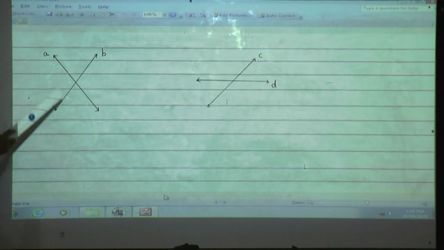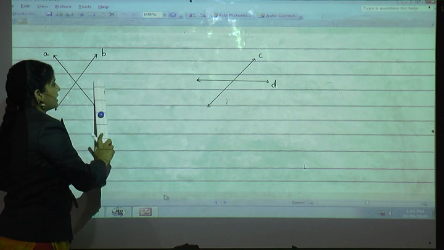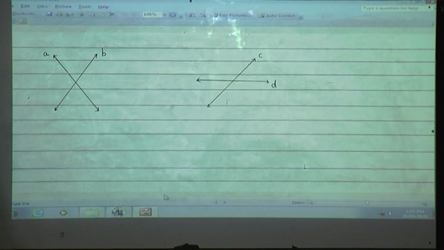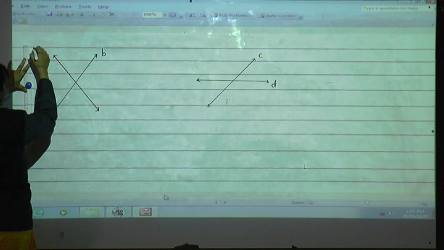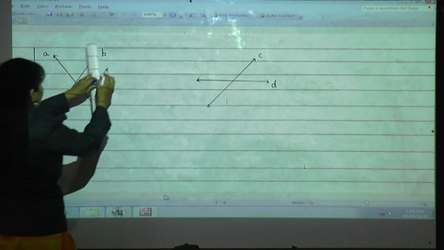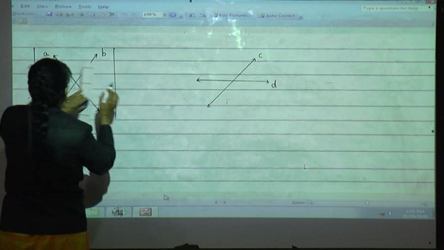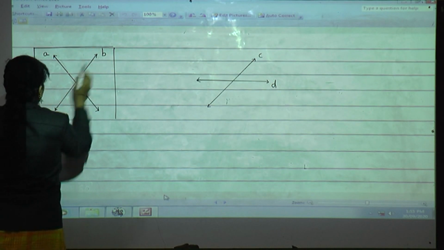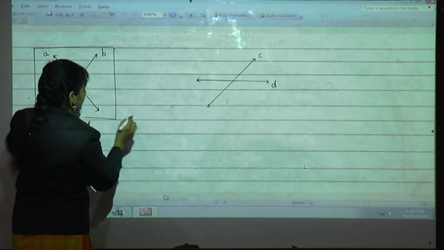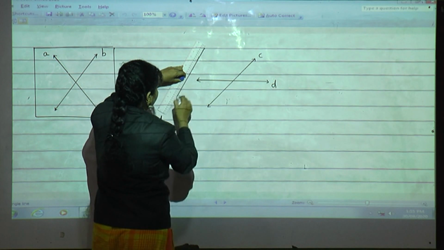These are two different figures, but no matter how they meet, they are in one plane. See, this figure is in one plane. Again, this one is also in one plane.